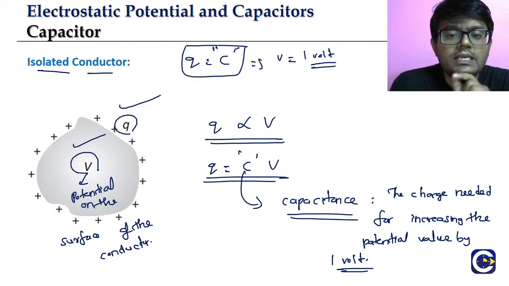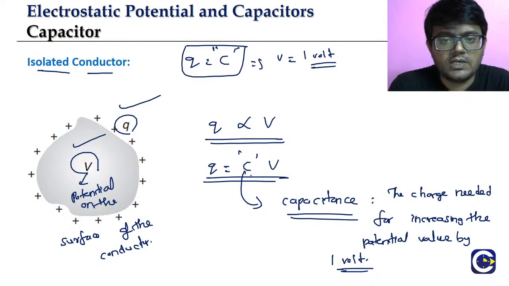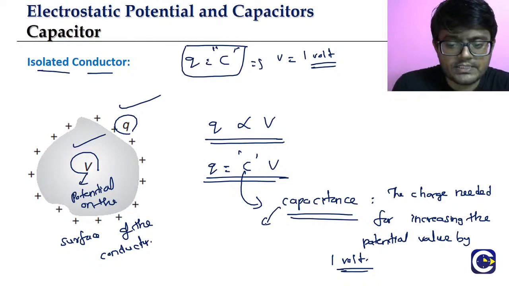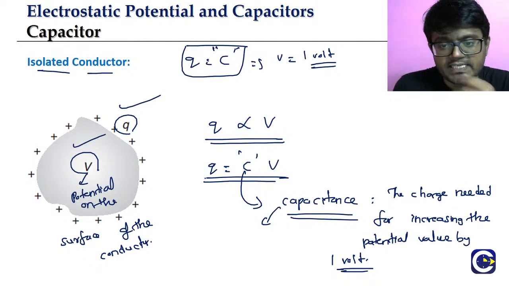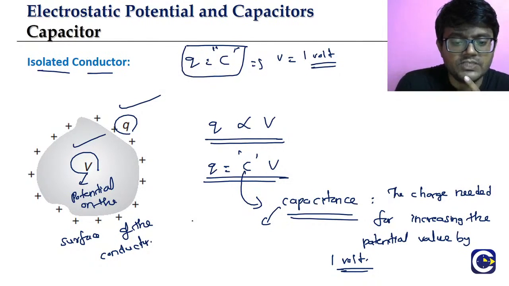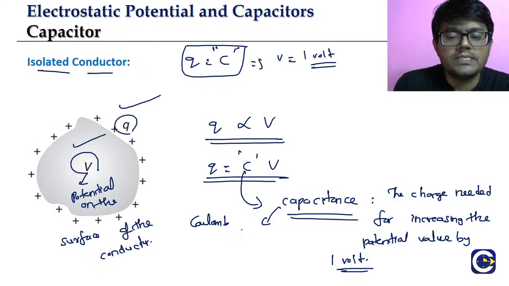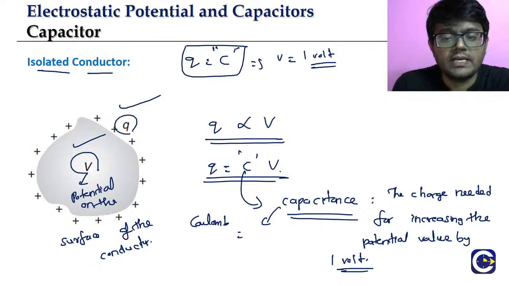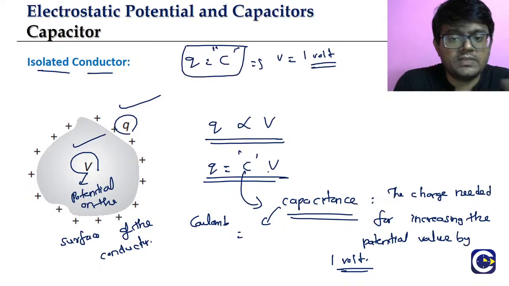Okay, so if you want to know the SI unit of that particular physical quantity, look at how the SI unit comes. On the left hand side, we have a charge, which is what? Coulomb. Coulomb is equal to what? On the right hand side, we have capacitance into the potential, what is the SI unit of potential? Volt, right? When we take it from the right to the left side, it will go to the denominator.